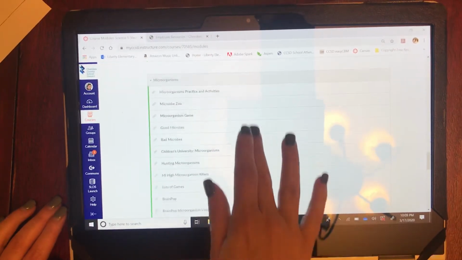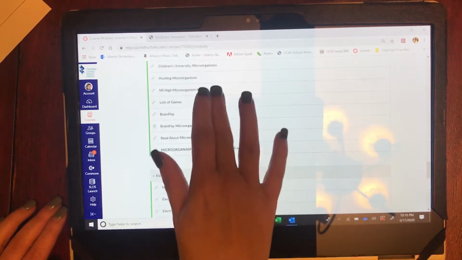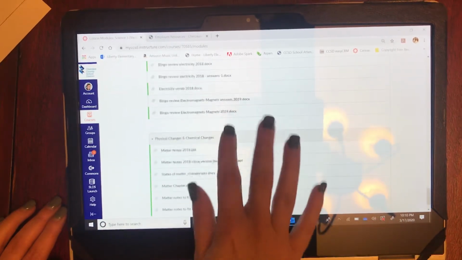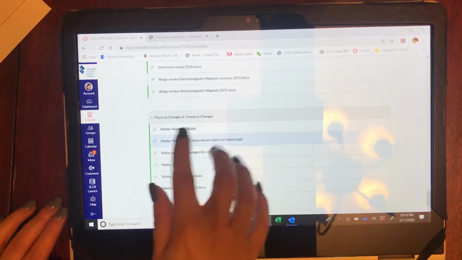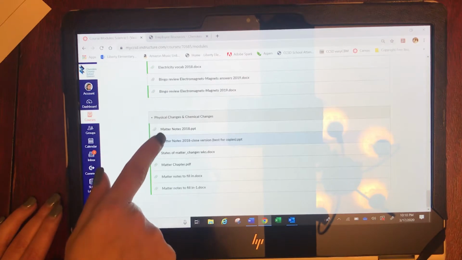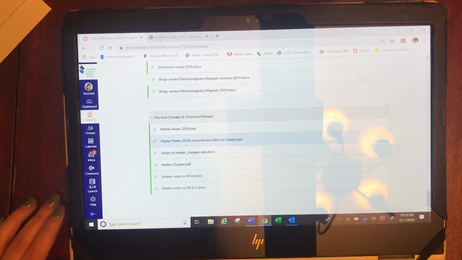Now, as I scroll all the way down, I notice that there's still headlines of units that we've already learned, electricity being the last one, and now here is our new unit called physical changes and chemical changes. This is where we will be working on our digital learning days.